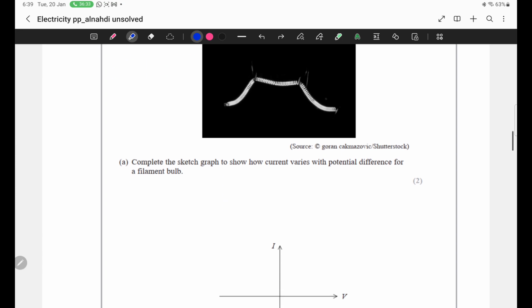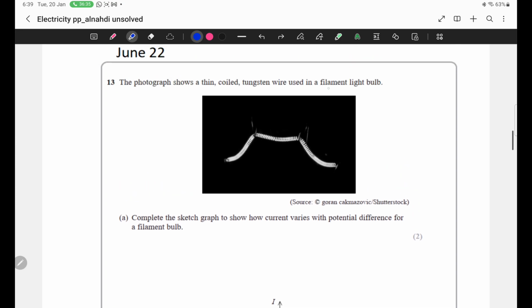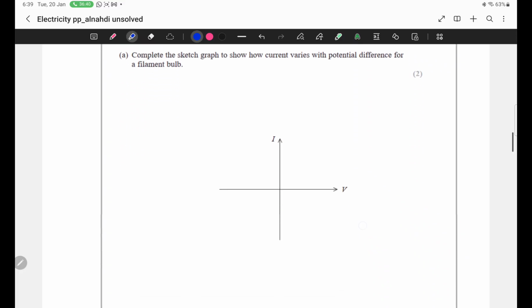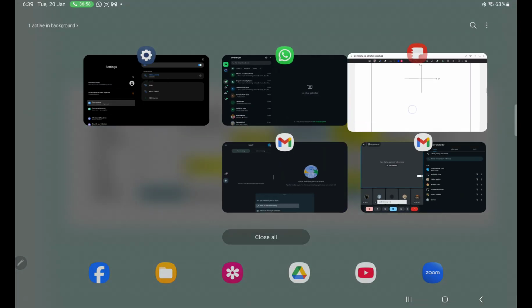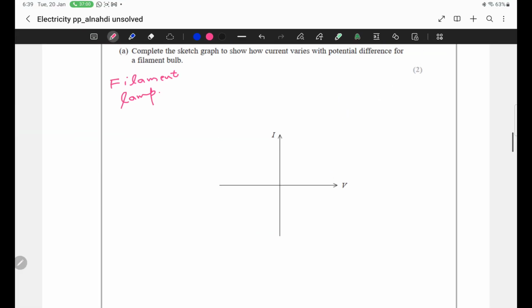Abdullah, I am asking you a very, very simple question. This is a filament lamp. For a filament lamp, what is the shape of the IV graph? Abdullah, are you there? I am asking you a very simple question: what is the IV graph, the current voltage graph, for a filament lamp?